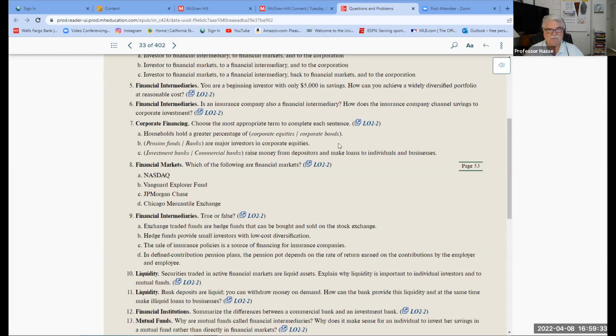JP Morgan Chase? No. That's an investment bank. And Chicago Mercantile Exchange? Yes, that is a financial market. You can go to the Chicago Mercantile Exchange and buy commodities, buy all different types of investments.